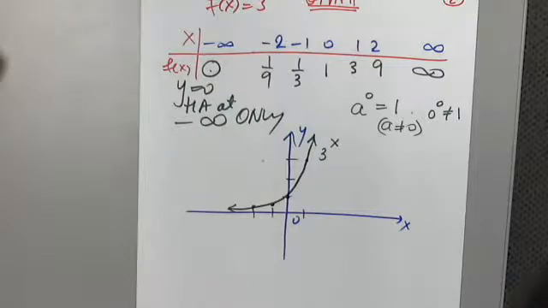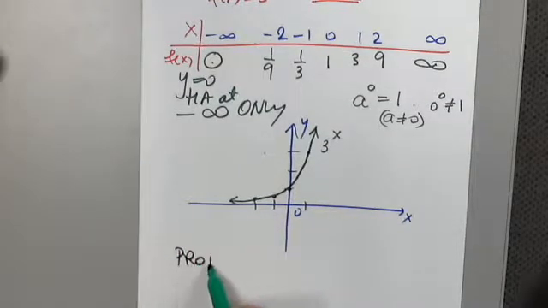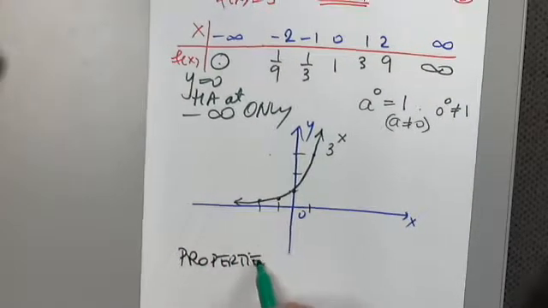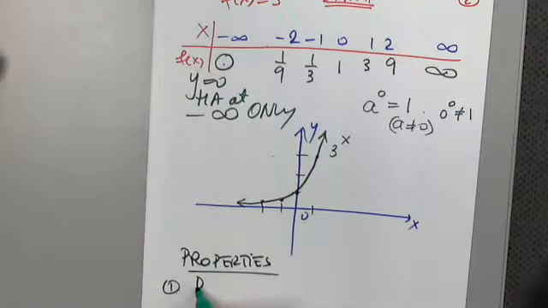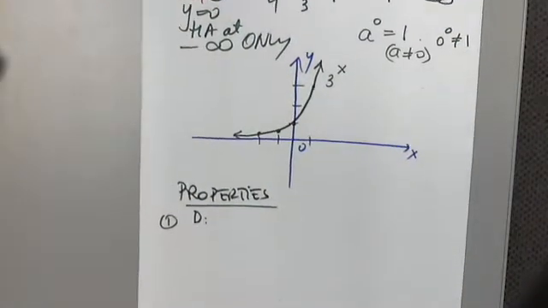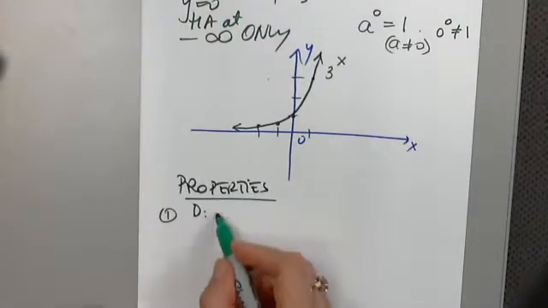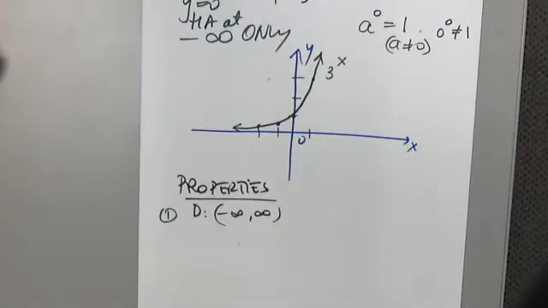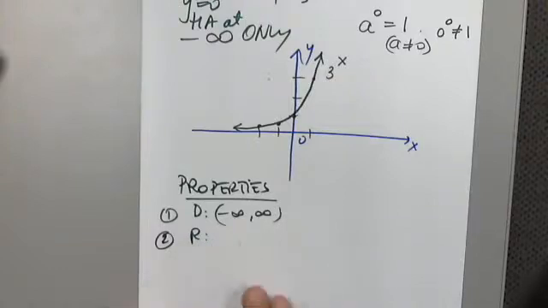Okay. Let's look at the properties of this function. It has a lot of properties. Number 1, domain. You already gave me the domain. If you'd like to give it to me one more time. Very good. Remember, exponential friendly. 2, range.